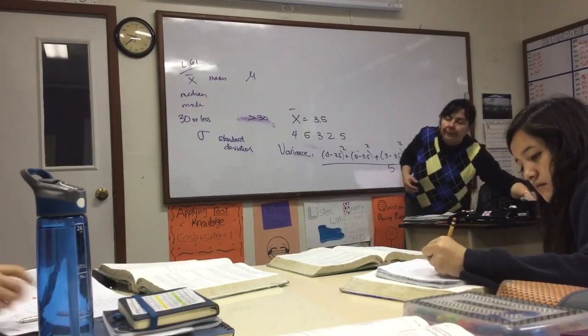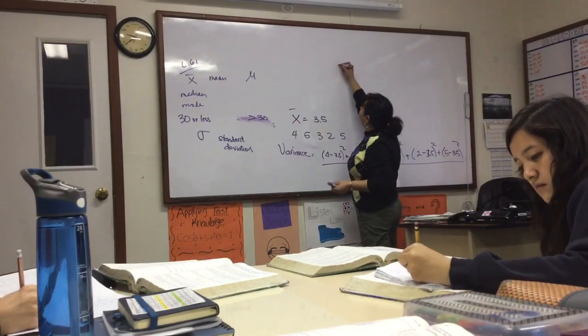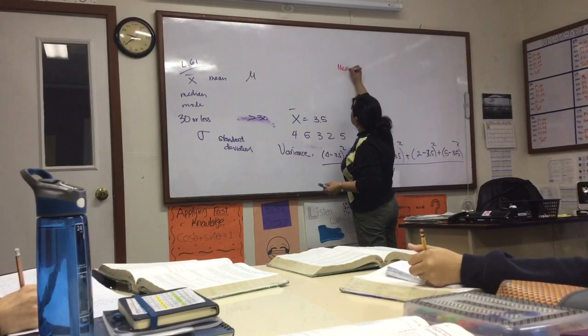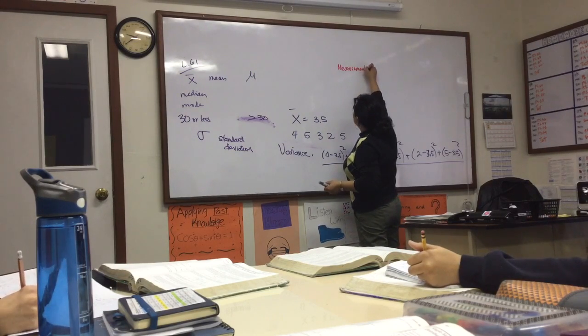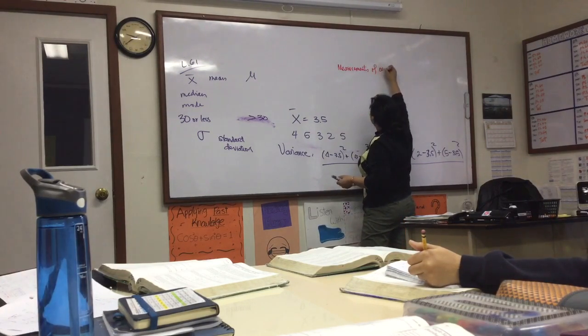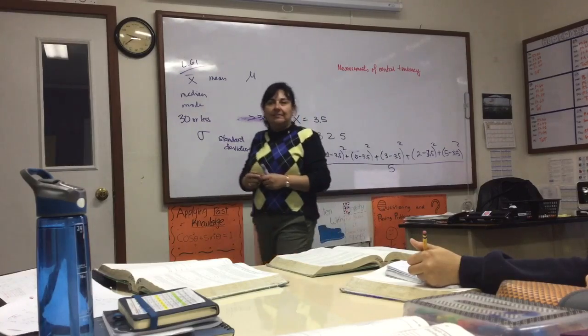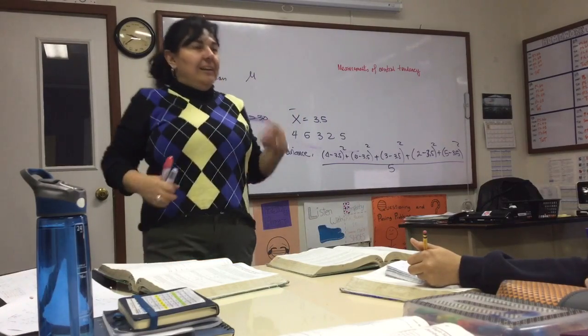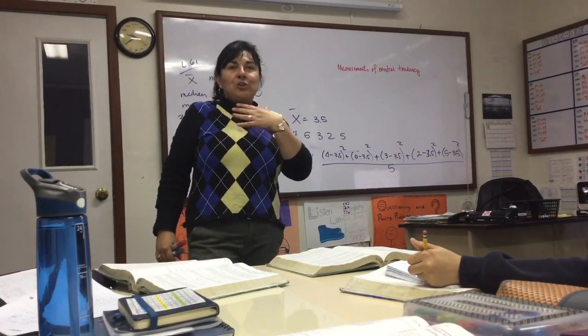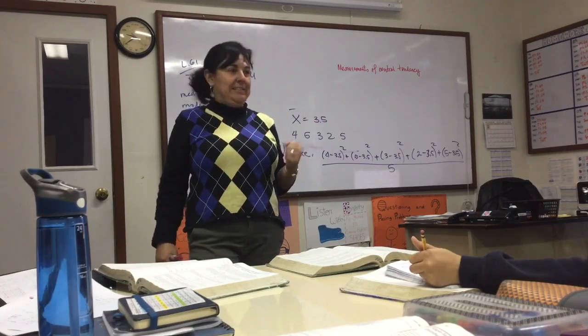There's a term in statistics called measurements of central tendency. Do you understand what a tendency is? I have a tendency to get angry, for example.